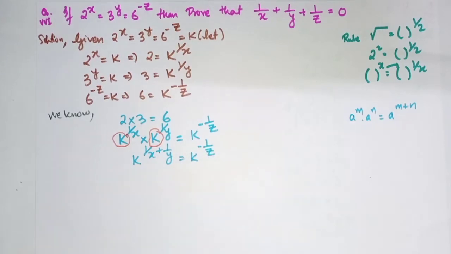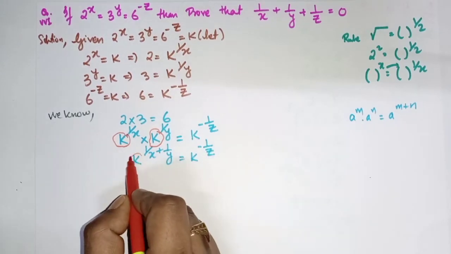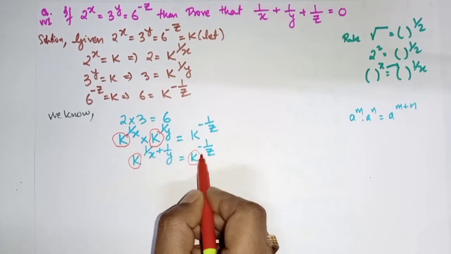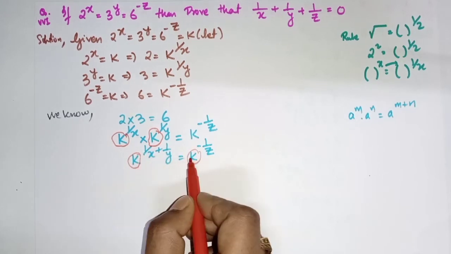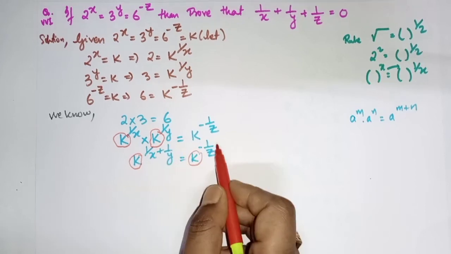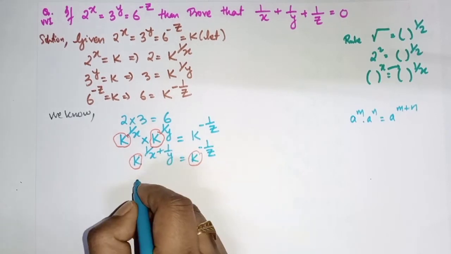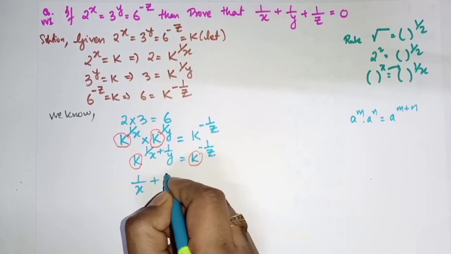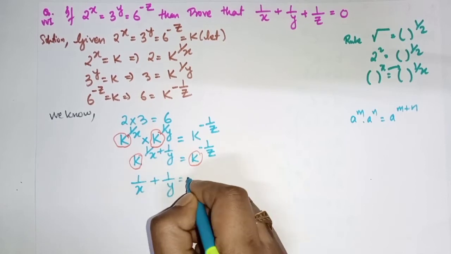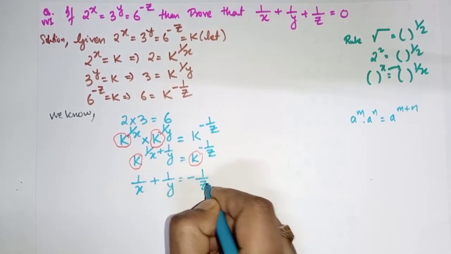Now you can see the k are equal, and in between there are equals signs. If the bases are the same, the powers have to be the same. That means I can write 1 by x plus 1 by y equals minus 1 by z.